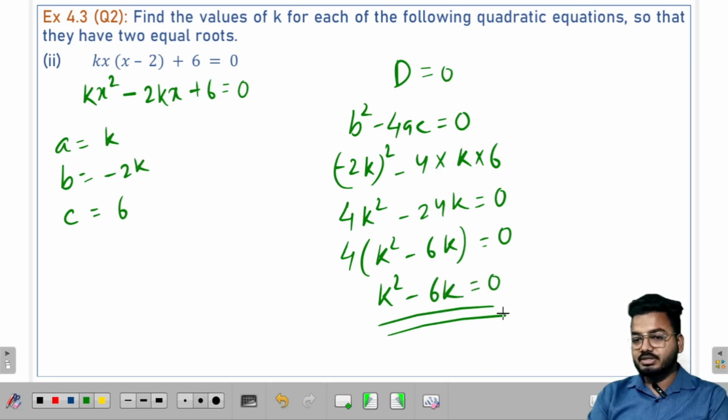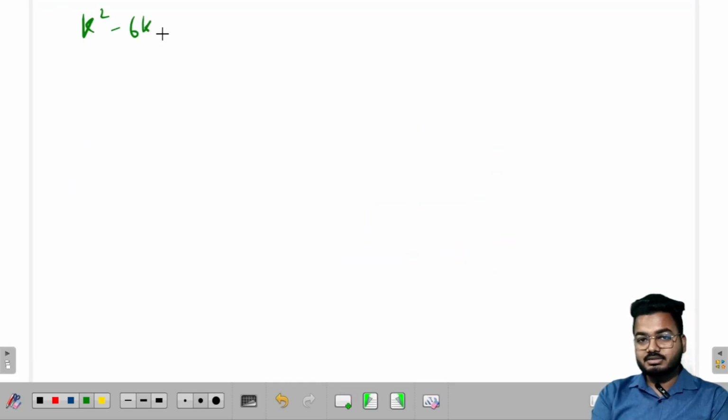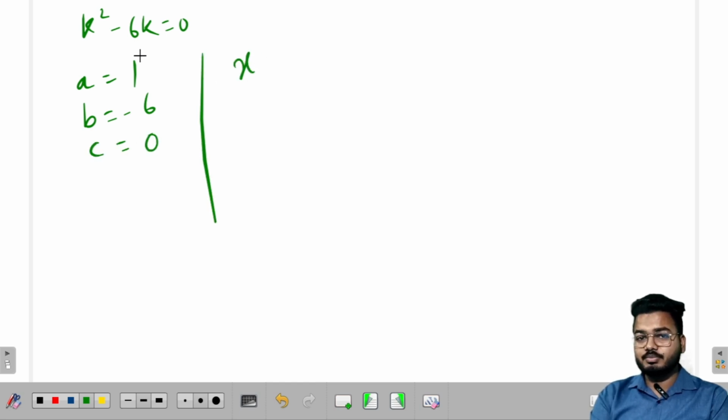Now this is a quadratic equation that we are getting, so k square minus 6k is equal to 0, where the value of a is 1, b is minus 6 and c is 0. Here I have to find the value of x. अब x का वैल्यू जो फाइंड कर रहे हैं वो बेसिकली k का वैल्यू फाइंड होगा. Okay, the roots of the value of the k.